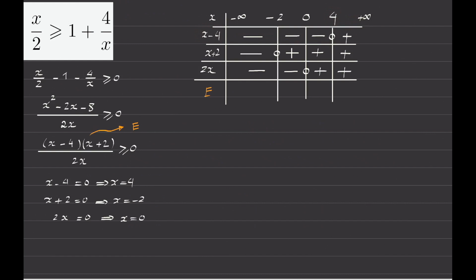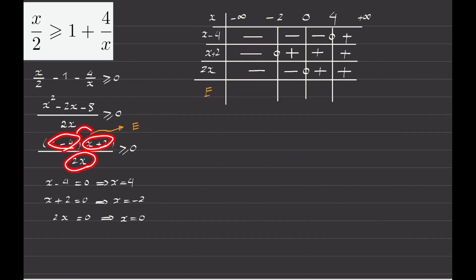Okay? But now we want to find the sign of this expression. So this expression is the product of these two expressions divided by this expression. Okay? So for example, if x is less than minus 2 here, I see that all these expressions are negative. So this is negative, this is negative, and this is negative.